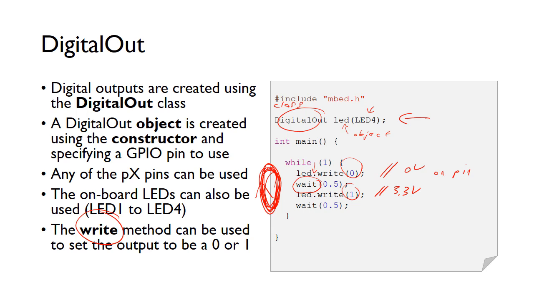Then we'll wait 0.5 seconds again, and then go back. If you plotted the voltage on the pin over time, we'd have 0 volts for 0.5 seconds, and then we'd get 3.3 volts. So this code will cause this voltage waveform to appear on that pin, and so the LED will just blink.